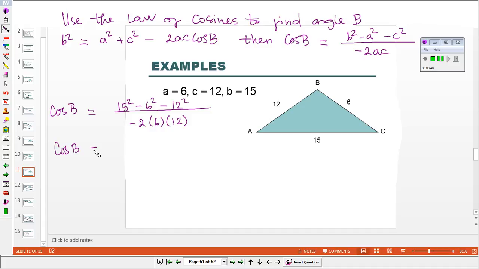So put it in the calculator, and that will give us this decimal, which will be negative 0.3125.